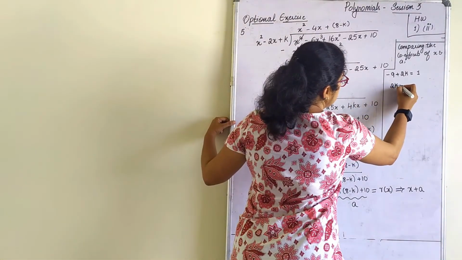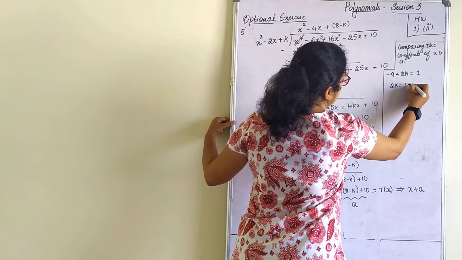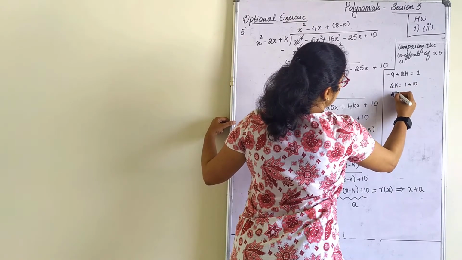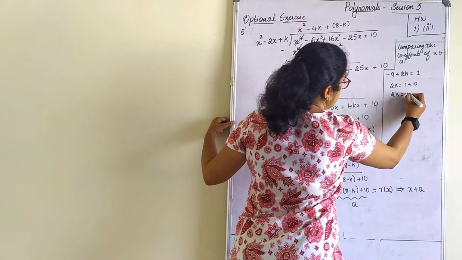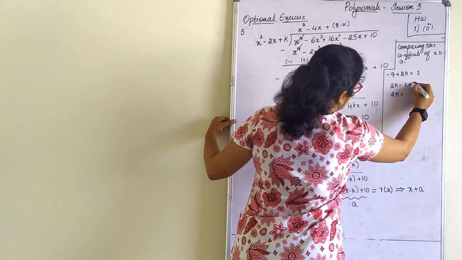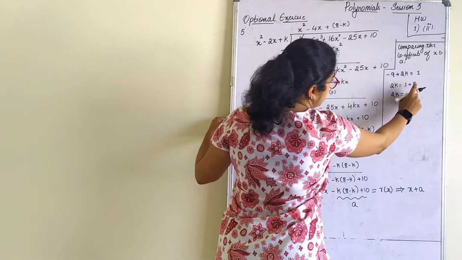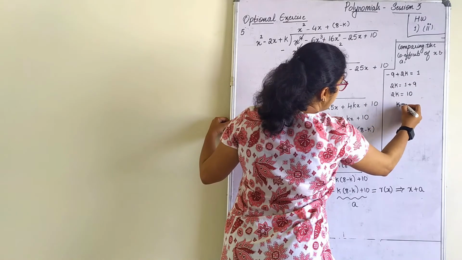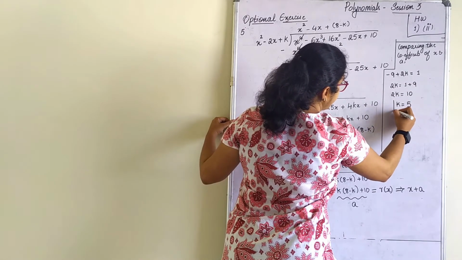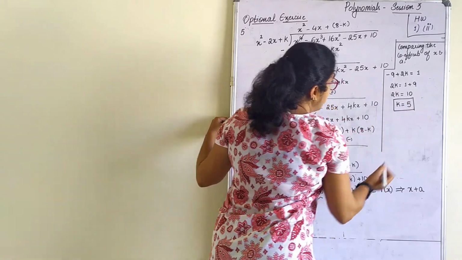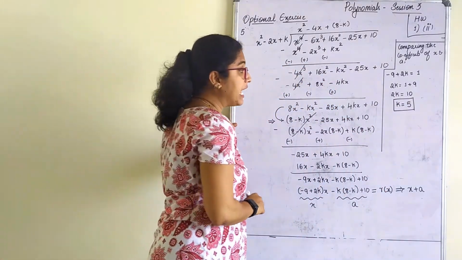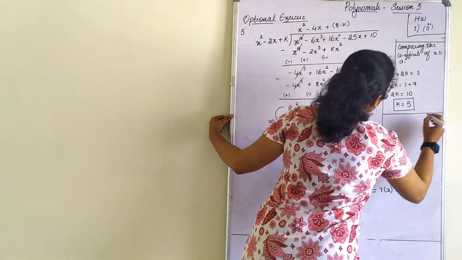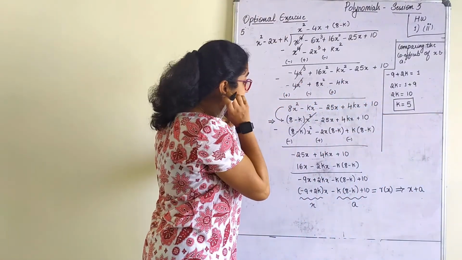2k is equal to 1 plus 9. Transpose this minus 9 to this side, you get plus 9. 2k is equal to 10. Therefore, k is equal to 5. Did we find the value of k? Yes. Last, let's find the value of a now.